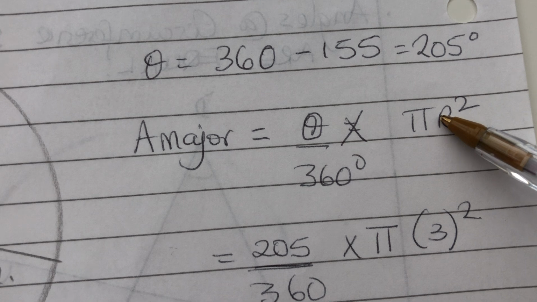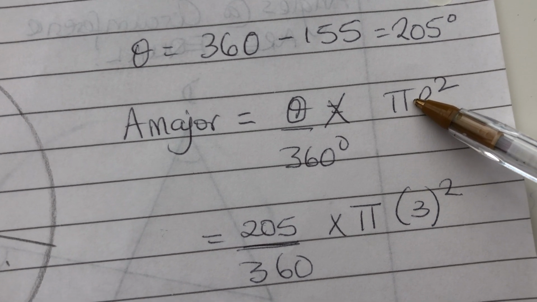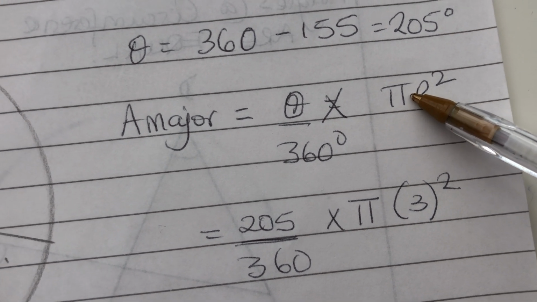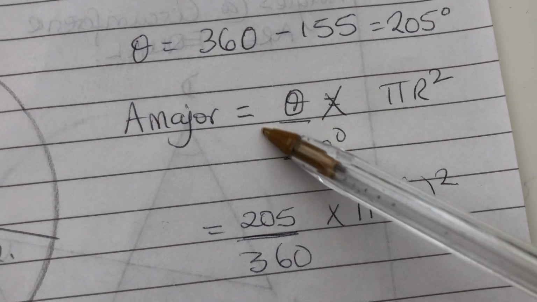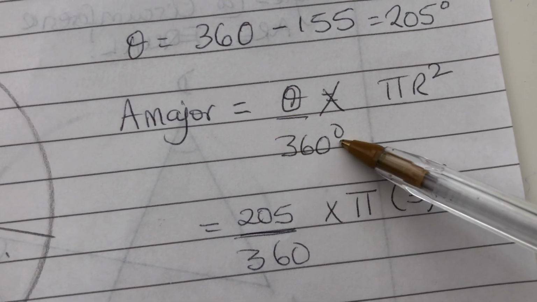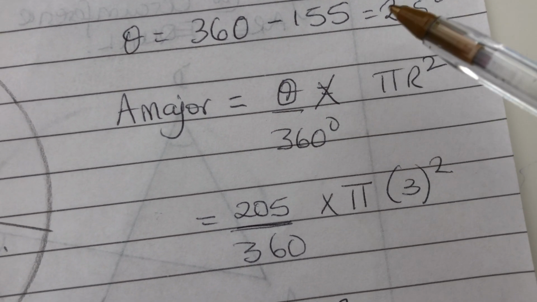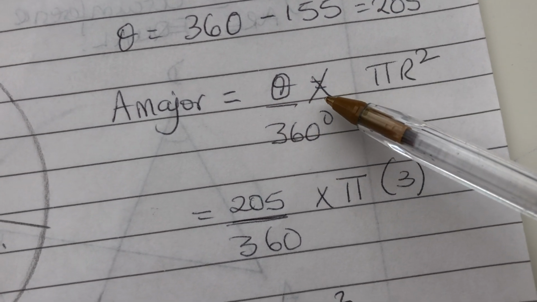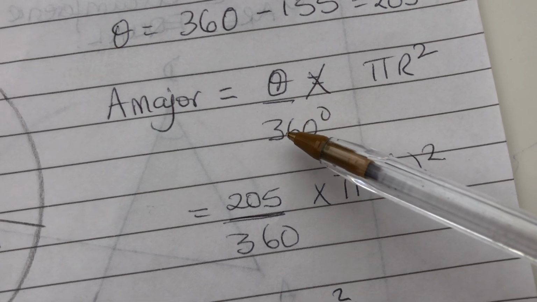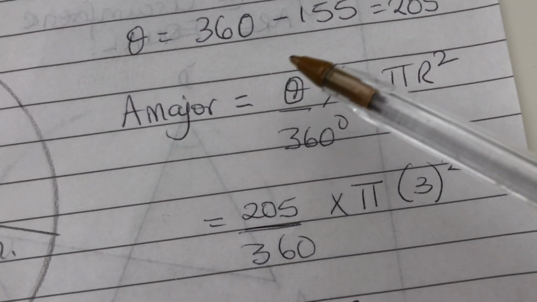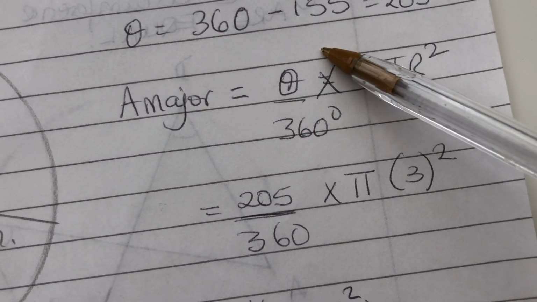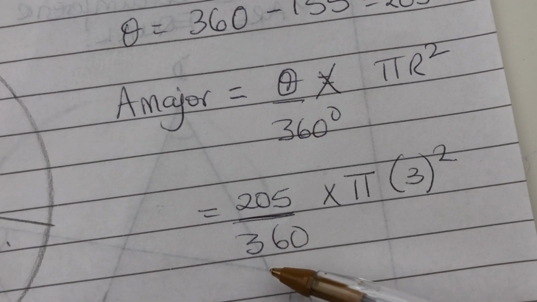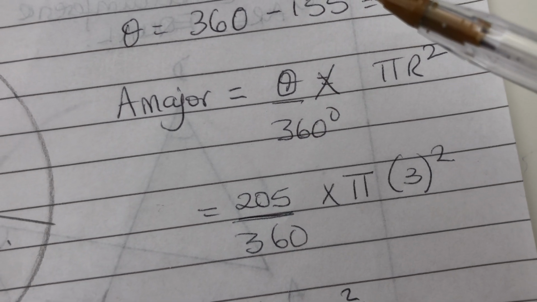At this stage, if you're writing an exam, you should be able to use formulas and put in your figures where they should go, because that is also a big part. If you can't do this part and get the equation going, how are you going to solve?